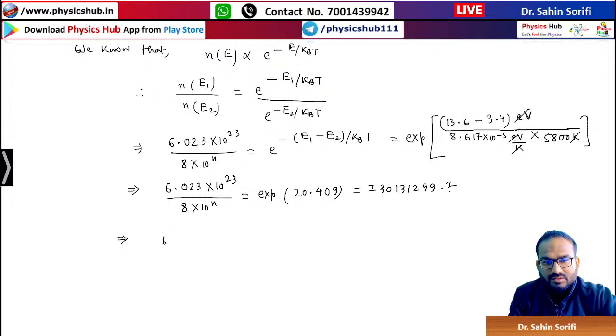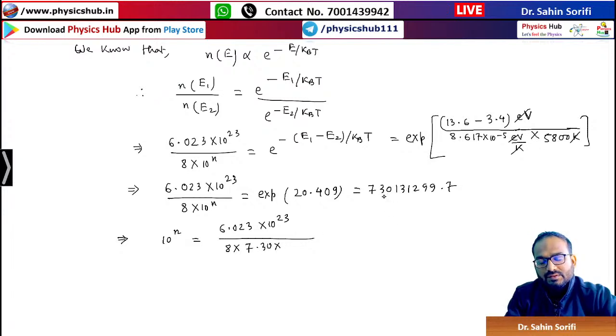So 10 to the power n equals 6.023 × 10 to the power 23 divided by 8 into 7.30, counting the digits: 1 2 3 4 5 6 7 8, so 8.